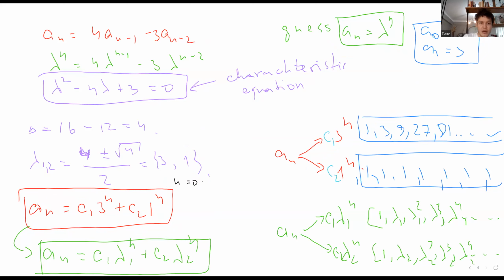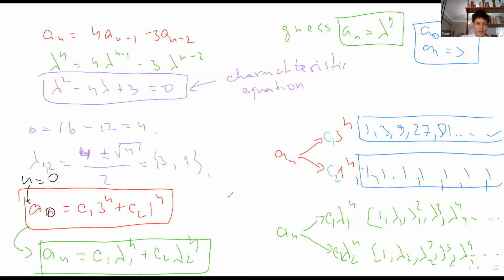So you plug in n equals 0 here, and the lambda powers are just going to be 1, so you can forget them. So basically, a0 is going to be C1 plus C2. But a0 is equal to 1. So you just write this is 1.